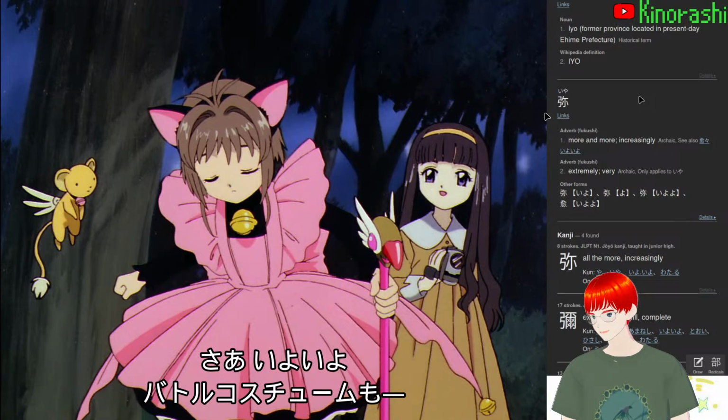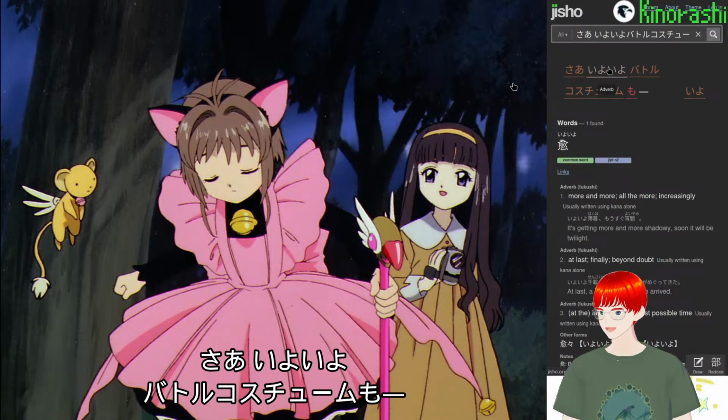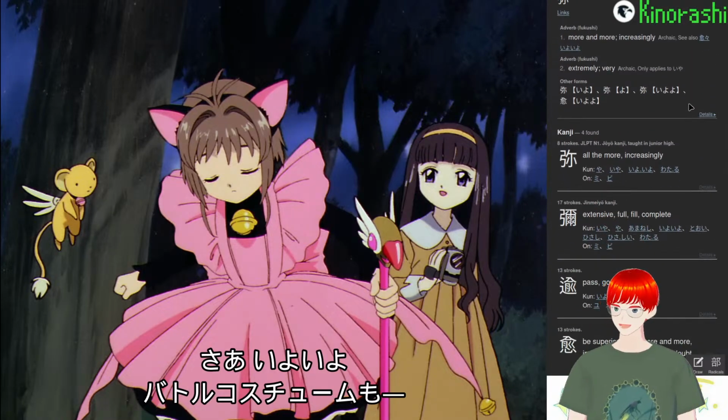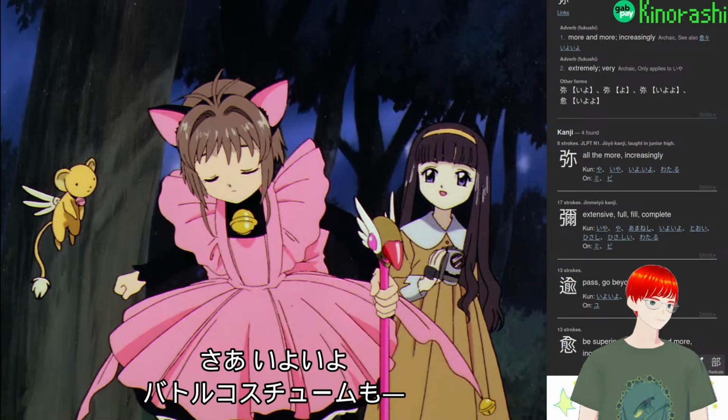More and more, increasingly, extremely. Archaic, io. What is the origin of io, and how does it relate to ia?